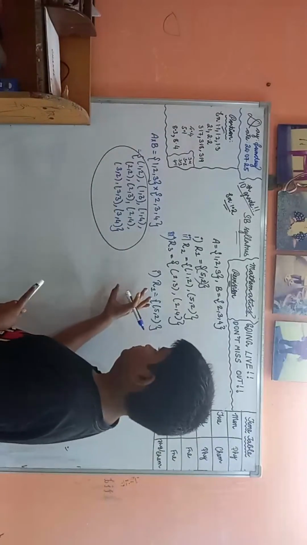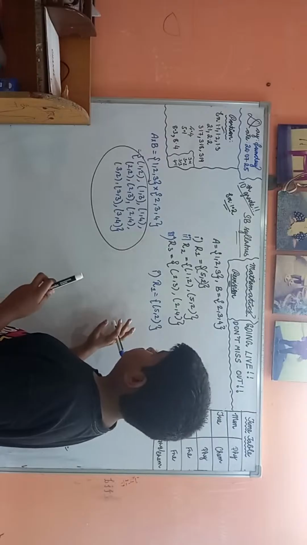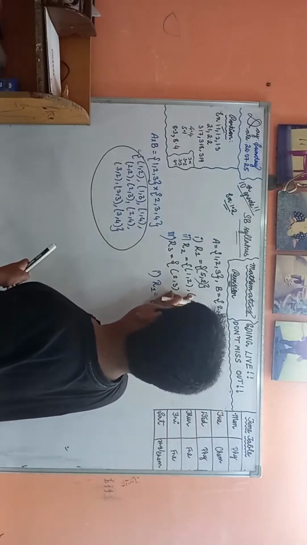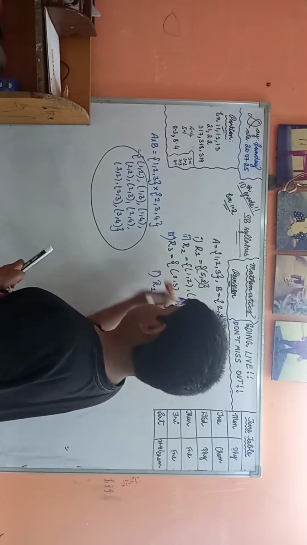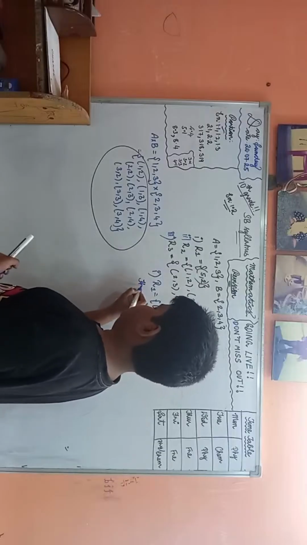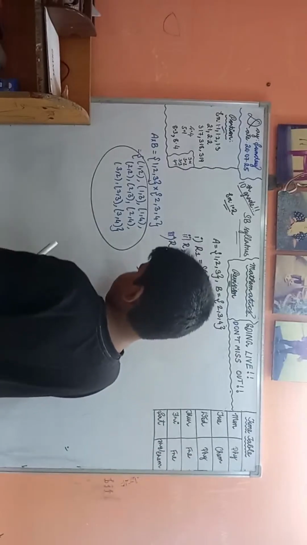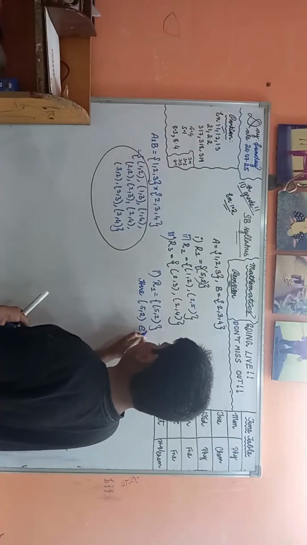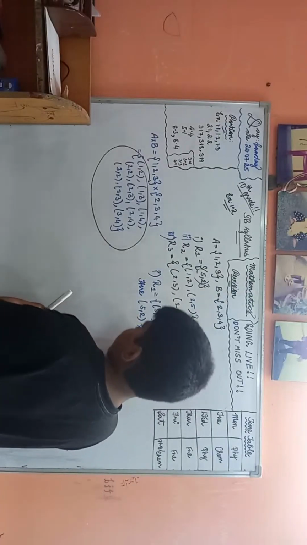No. There is not a 5, 2 in this set. So we can say that 5, 2 is not a relation, R1.